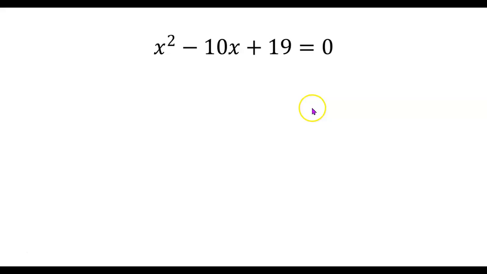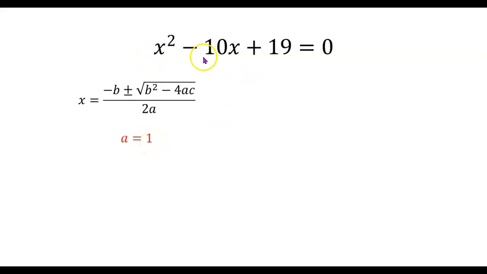Let's try another example. X squared minus 10x plus 19 equals 0. So this is already set up the way we want it, with everything on one side equal to 0 on the other side. So we're ready to start plugging numbers into the formula. What number are we going to put in for A? Well, it doesn't look like there is a number in front of the x squared, so that means that the coefficient on x squared is 1.